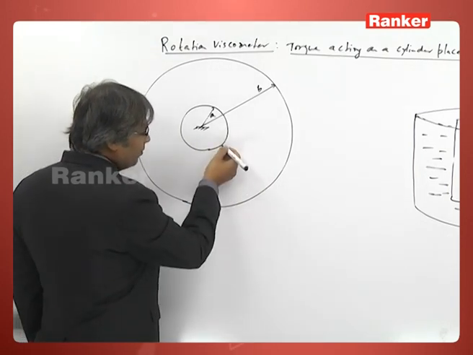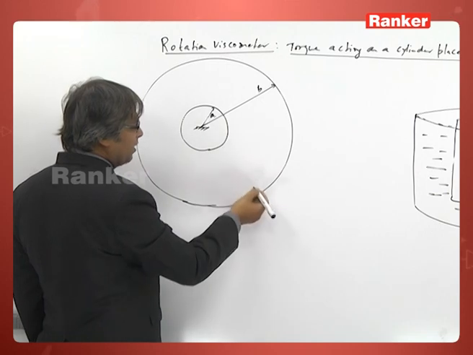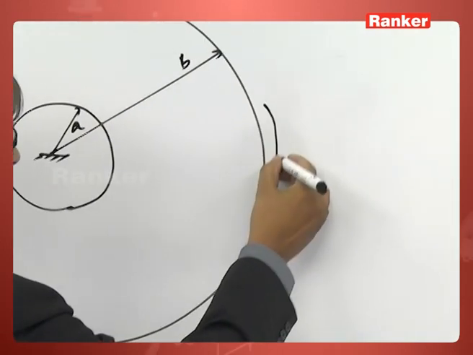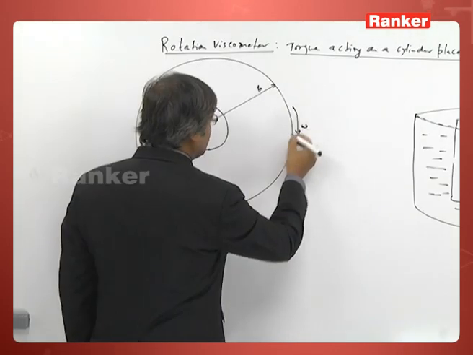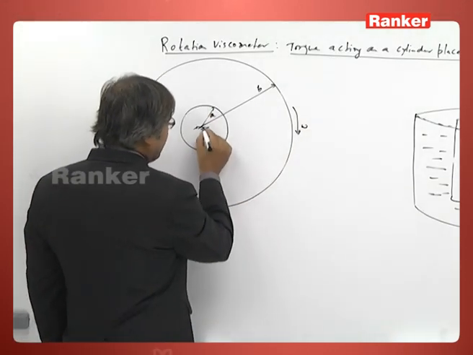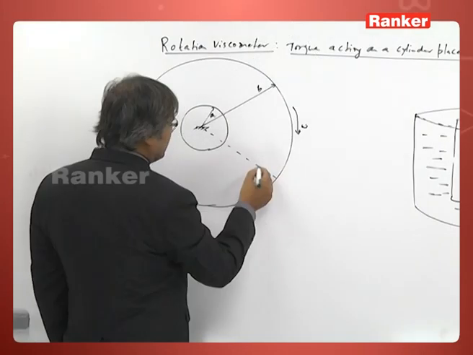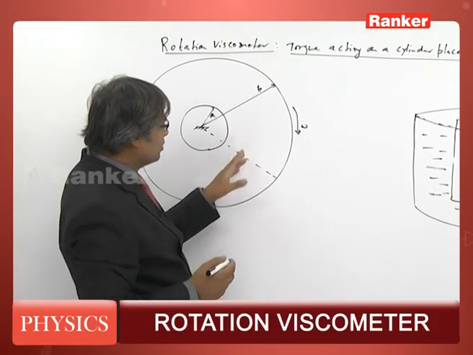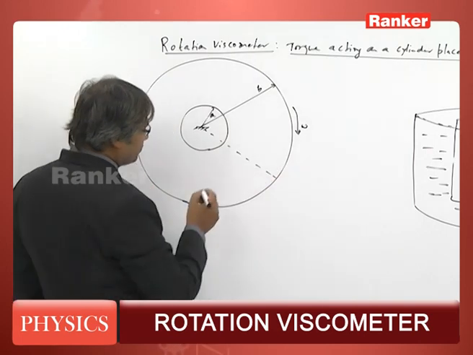The liquid very near the inner cylinder is at rest, and very near the outer one it is moving with a constant angular velocity omega. As you go inward, omega decreases to 0. I want to know how omega changes.